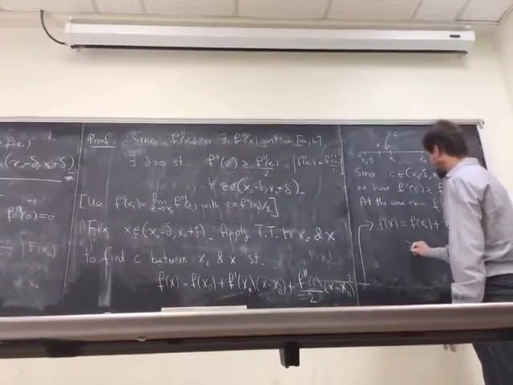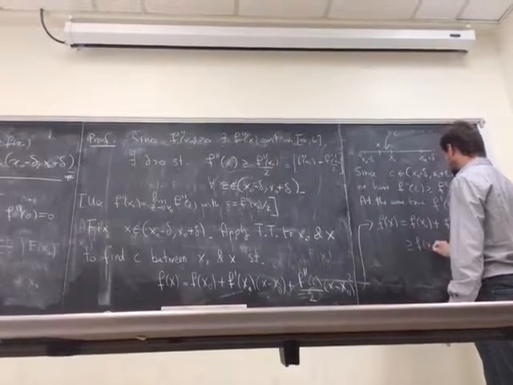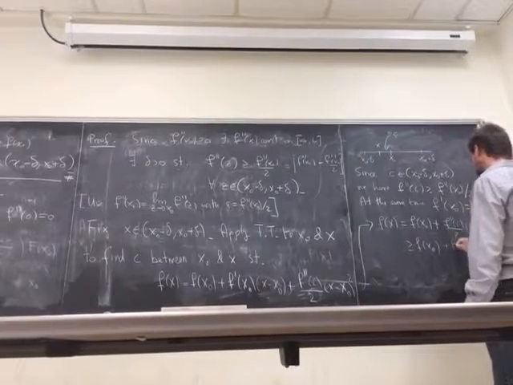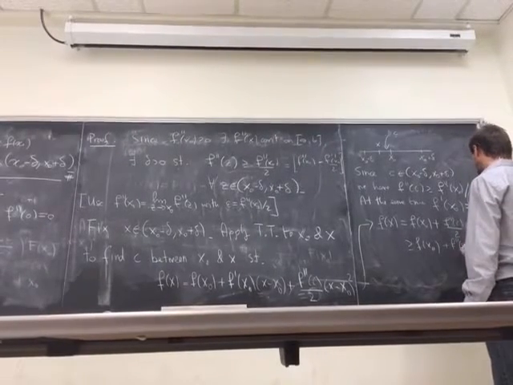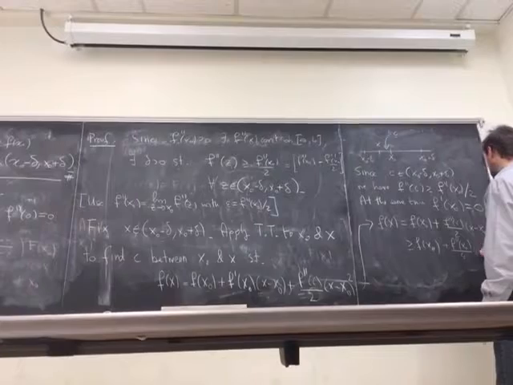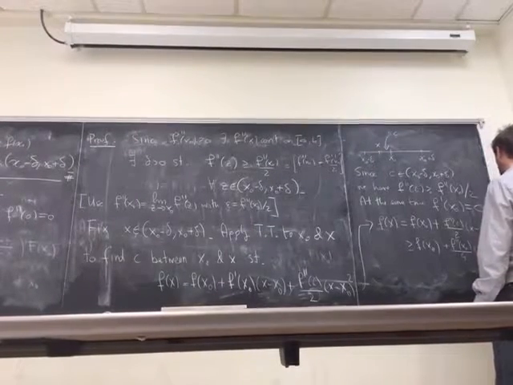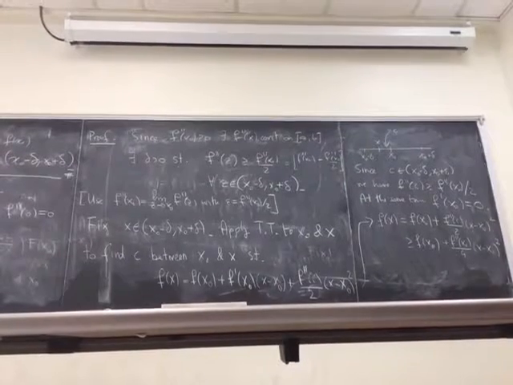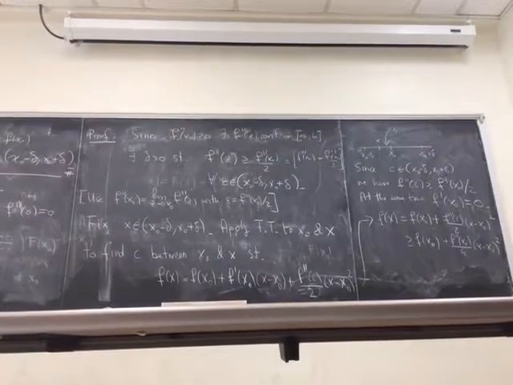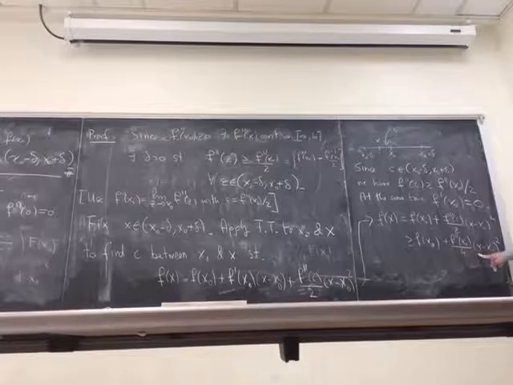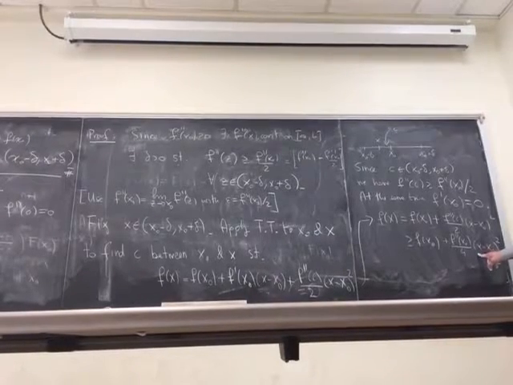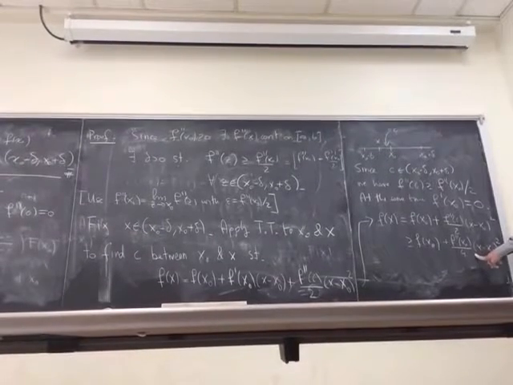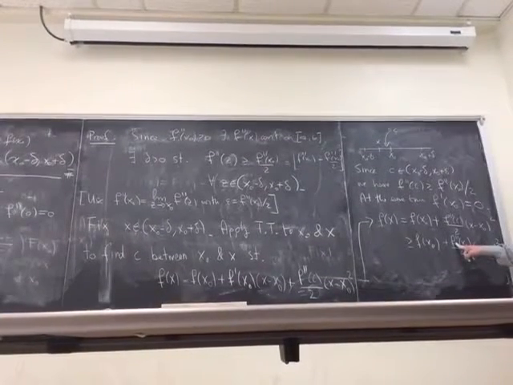And now I use the remark that f second of C is at least f second of x naught over 2. So I get an f second of x naught over 4 times x minus x naught squared. Okay? And what about this guy? Well, f second of x naught is positive, right?